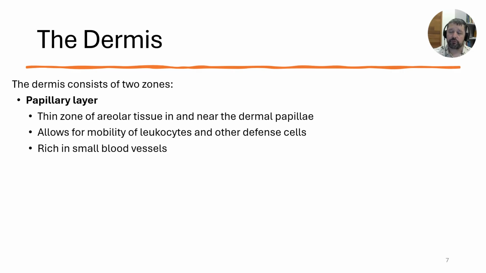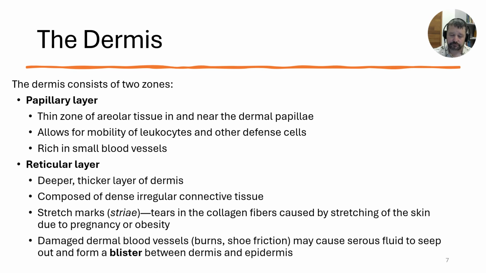It's also rich in small blood vessels, so a lot of nutrients in that region. And then you have a little more dense connective tissue, which we call the reticular layer.